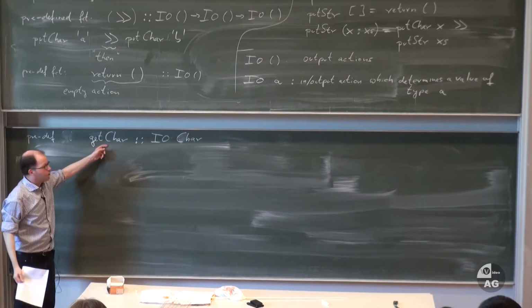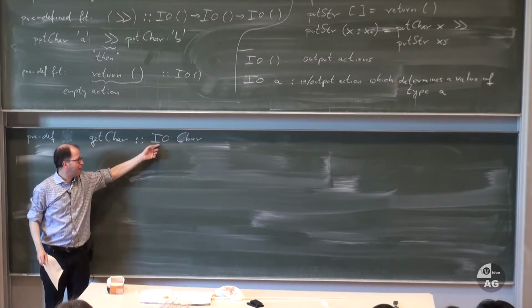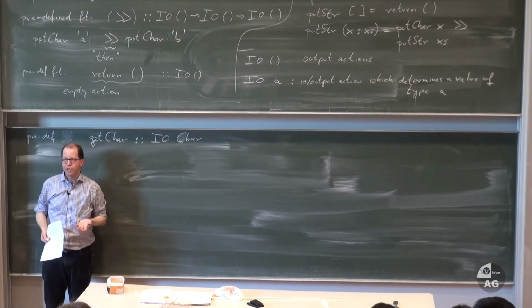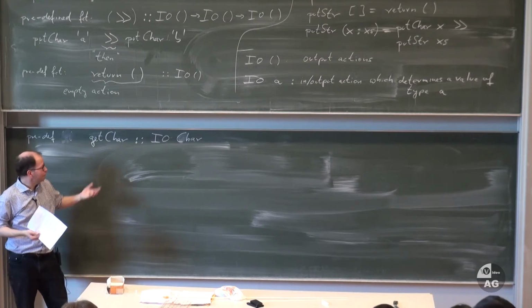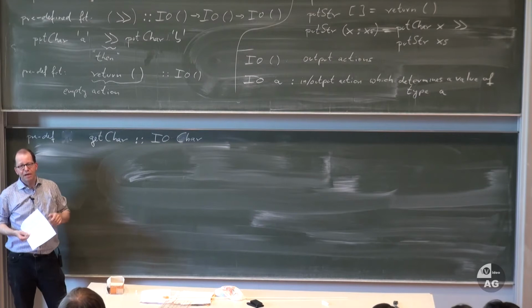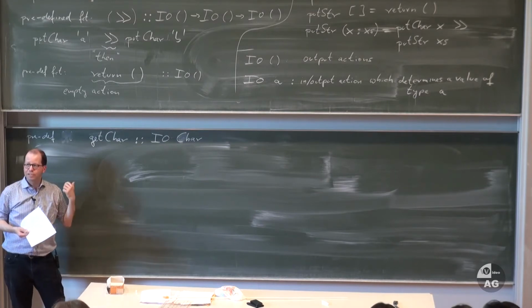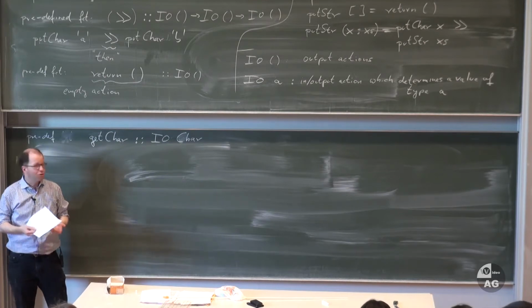In other words, this is also an action, but this time it's not of type IO empty tuple, so it's not a pure output action. It is more an input action, because if you evaluate this, the action is performed: read a character from the keyboard. This waits for the user to type something, and if you type something, then this character is determined.